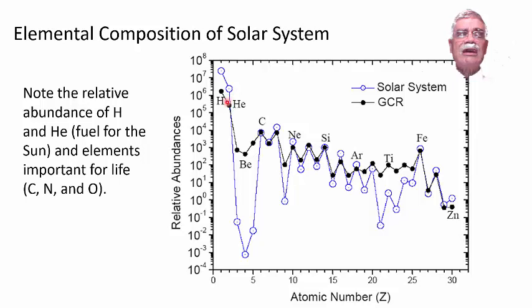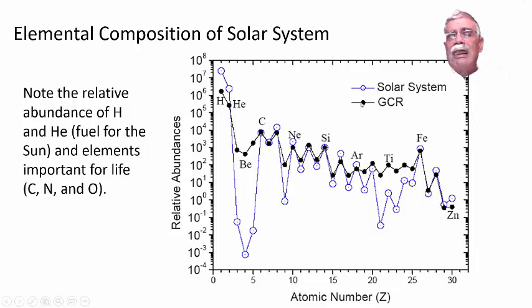As we drop down, that's like 1, 2, 3, 4, 5, 6, 7, 8, almost 10 to the 8th times less lithium in our solar system than helium. So again, these are powers of 10. So there's much, much less of these elements and a reasonable amount of carbon, nitrogen, and oxygen in our solar system.